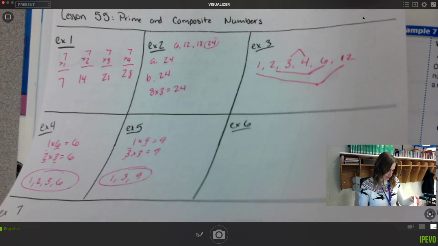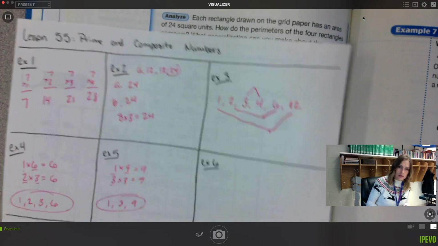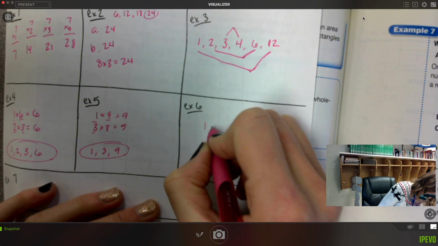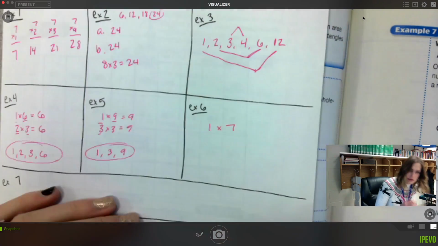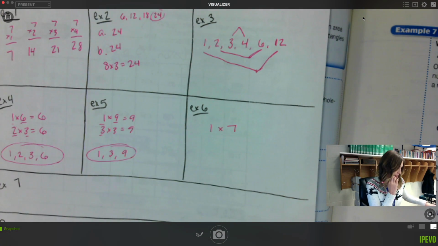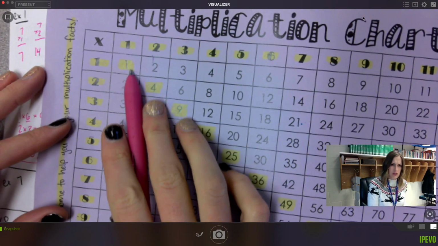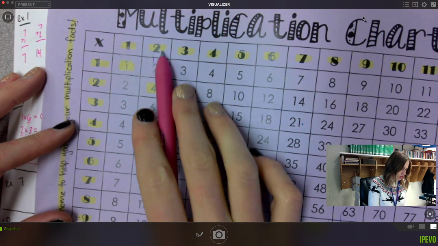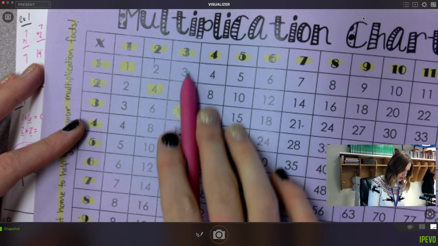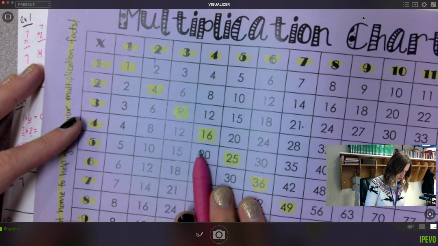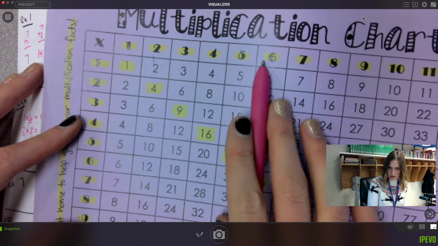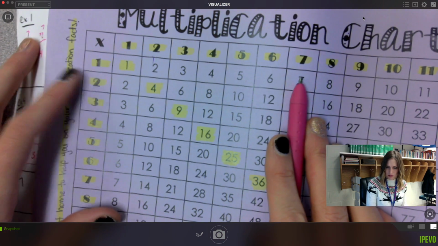And then 6 says list the factors of 7. How do we get 7? Well, 1 times 7, because any number times 1 is going to stay the same. Do we find a 7 anywhere else on here? 1, yep, 1 times 7. 2, now we skip 7. No 7. Here again, 1 times 7.